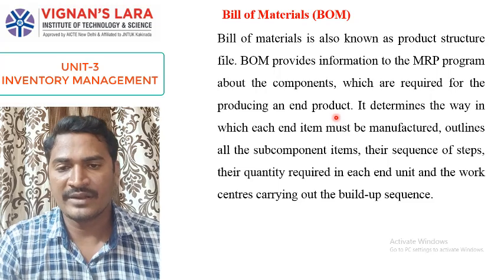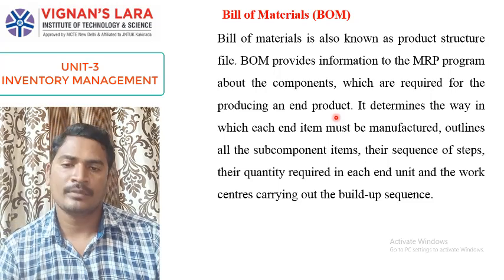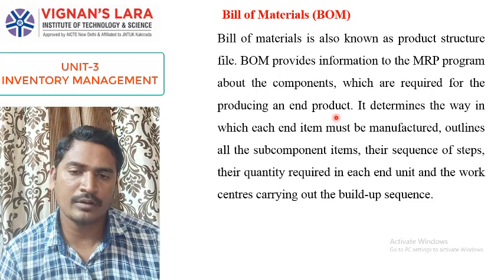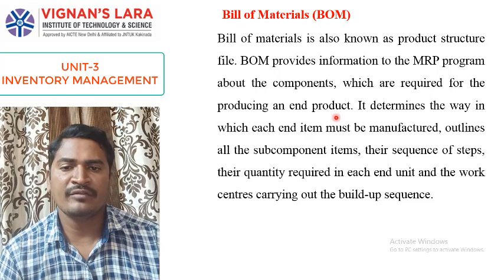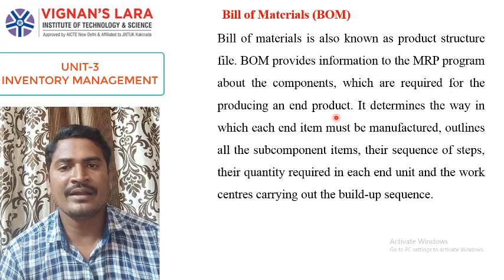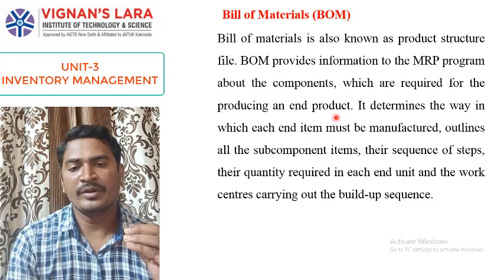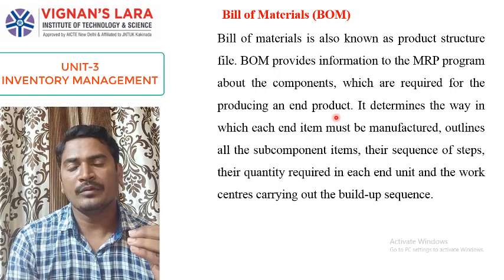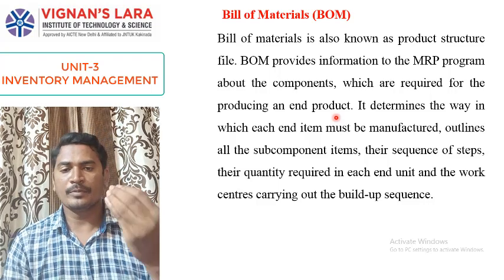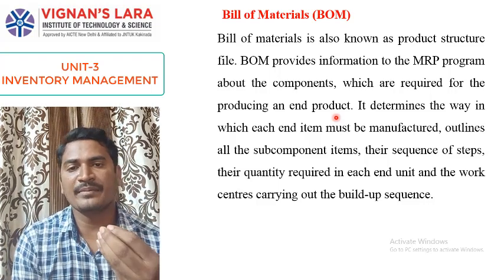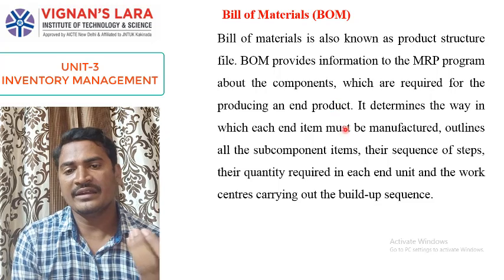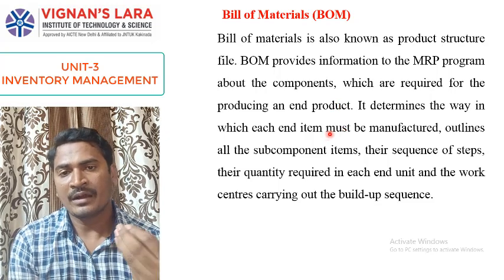For example, if we take a pen, for producing the pen we require some components: the cap, the body, and the refill. Those are components we purchase, and those are components we prepare. Sometimes we purchase some items from other dealers or from our parent organizations.